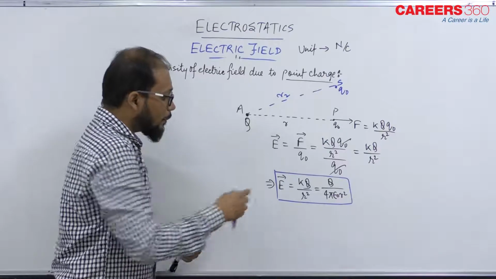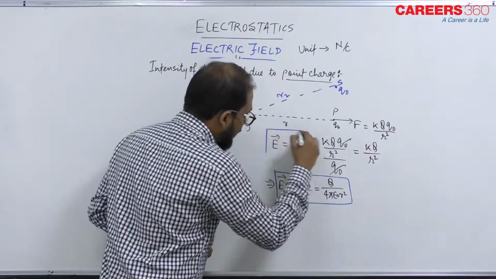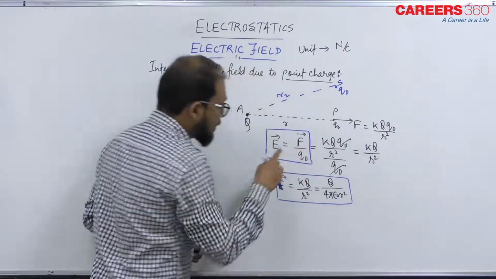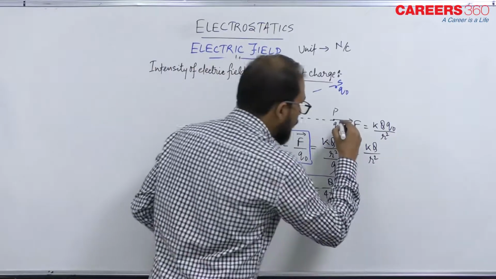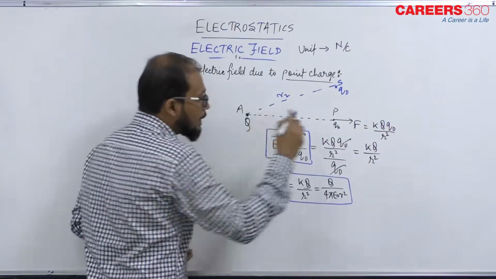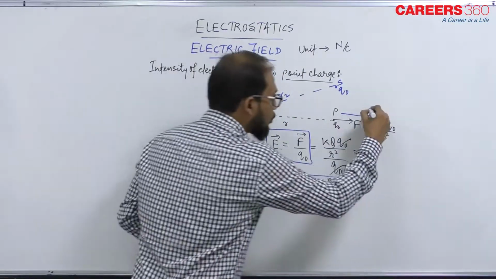Now what about the direction of the electric field? Here we have written this electric field in vector form. That means the direction of electric field will be the same as that of the electric force. That means the force is acting in this direction and the electric field will also act in this direction. This is the direction of electric field.